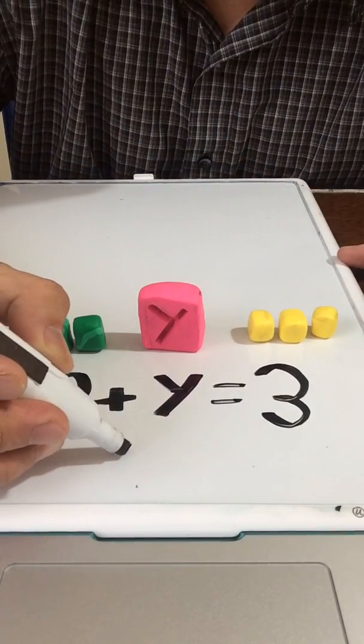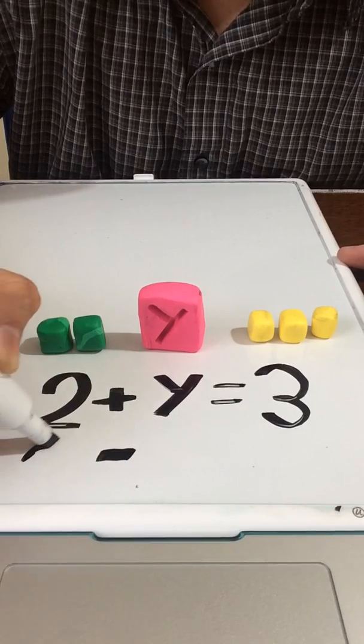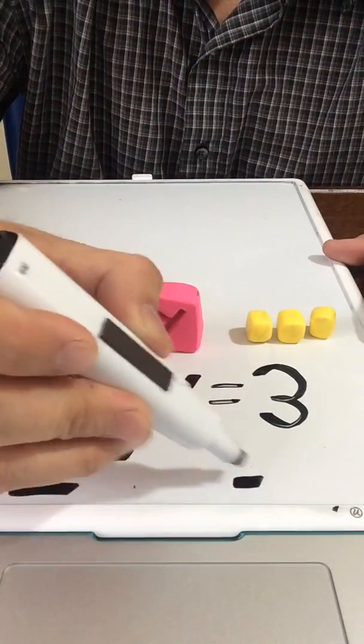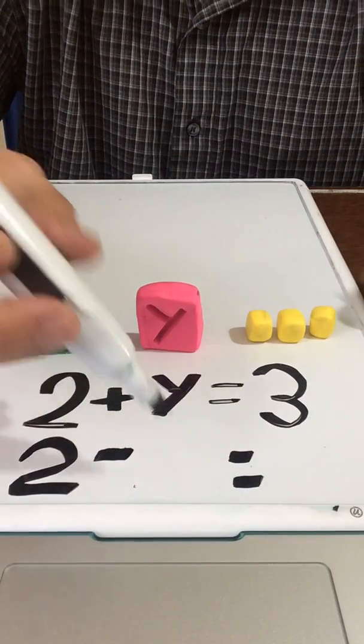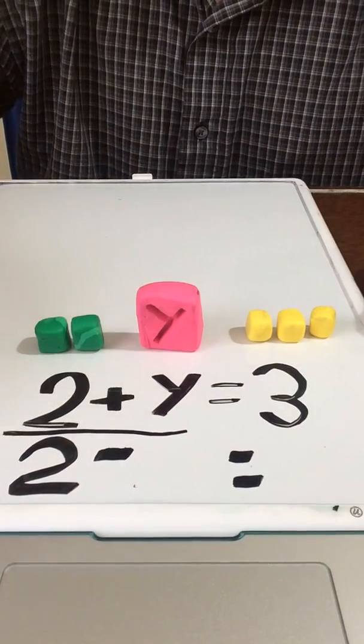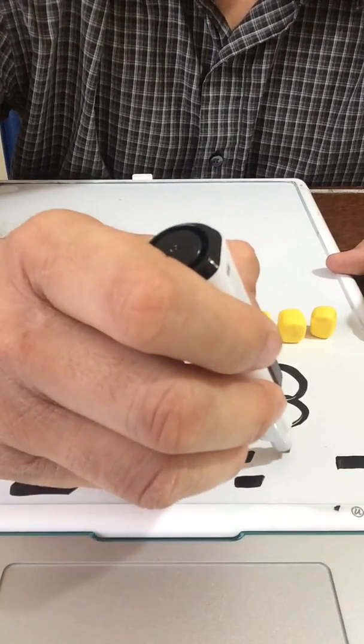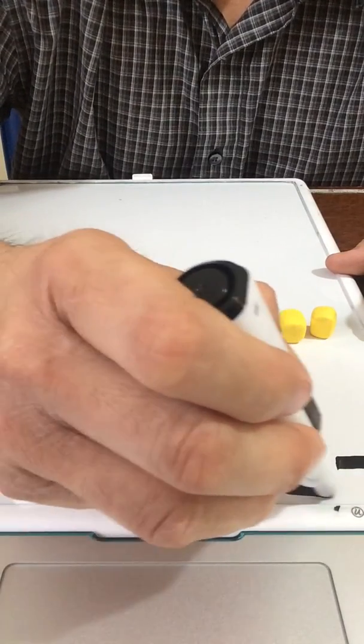So if we minus these 2 blocks, asking them to go away, and take them away from this side, we also have to take them away from this side, because everything has to be equal.